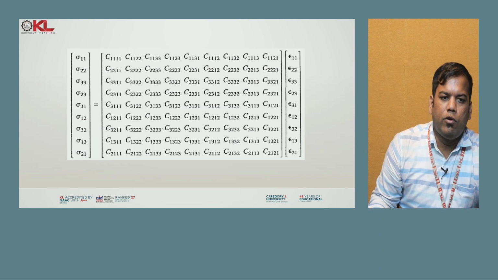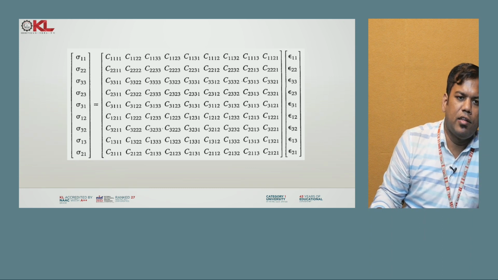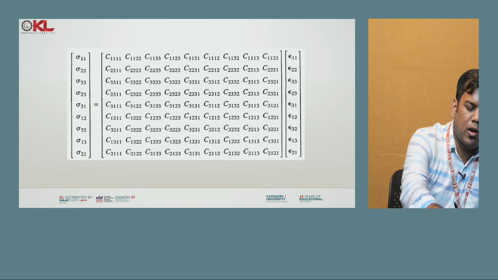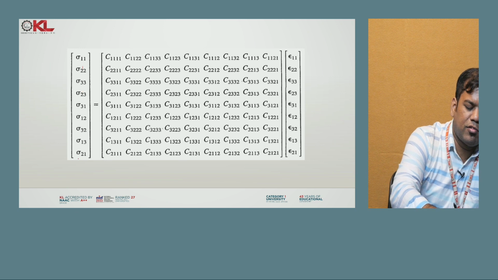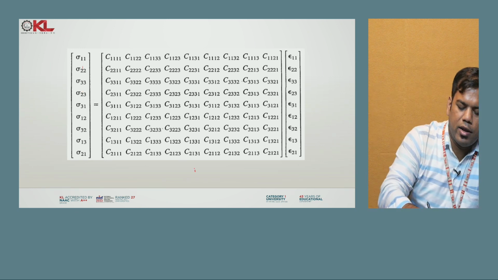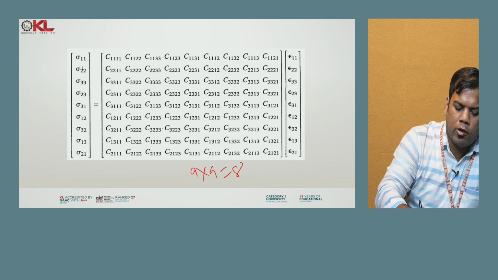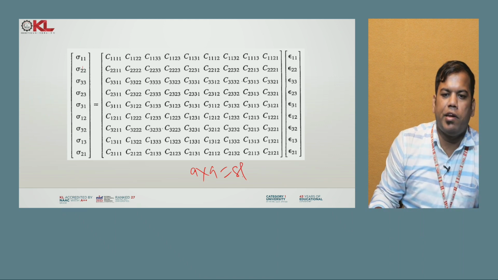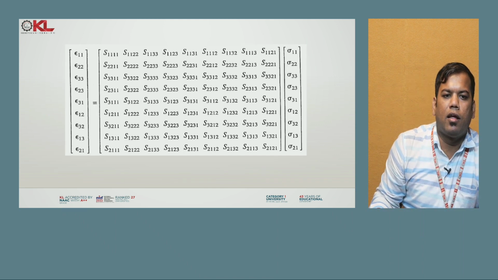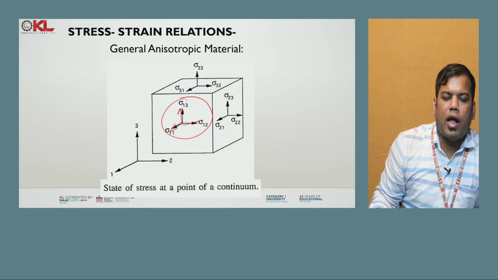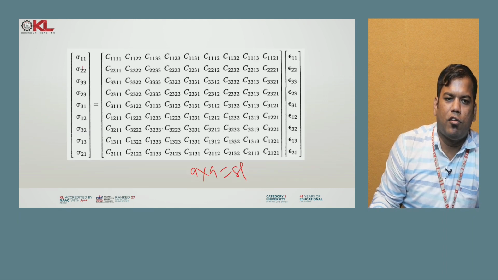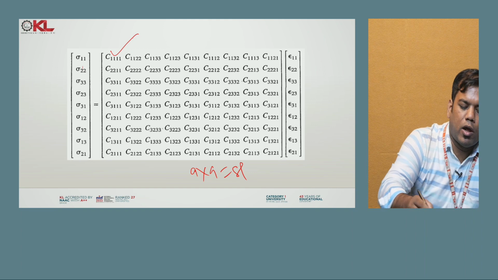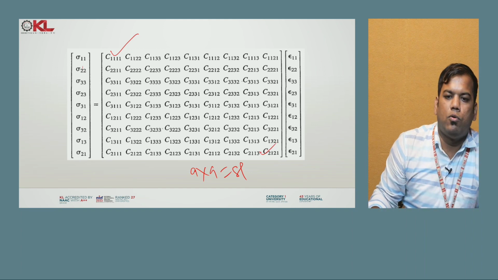So in total we can say there are the stresses sigma 1, sigma 2, sigma 3, like this tau 21. So there will be 9 into 9 elastic constants. So for one general anisotropic material there will be 81 elastic constants, right from C1111 to C2121.